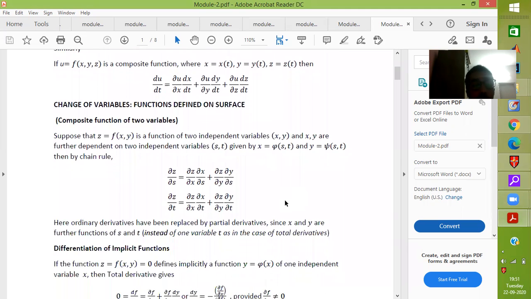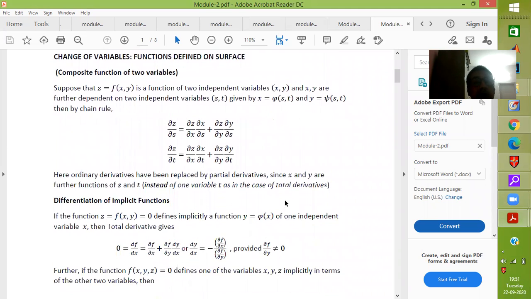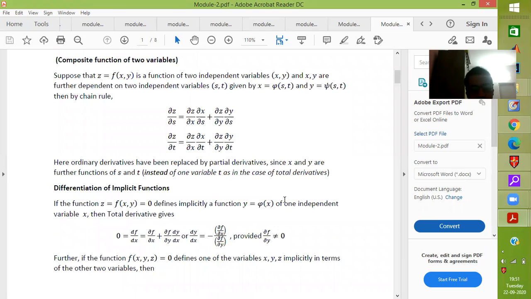Now, let us talk about the differentiation of implicit functions. We know that there are two types of functions that can be mathematically expressed. One is to express the function explicitly, like u as a function of x and y, or z as a function of x and y.